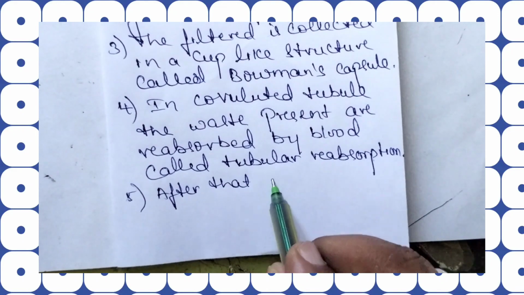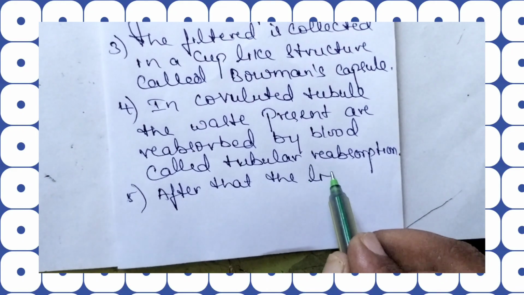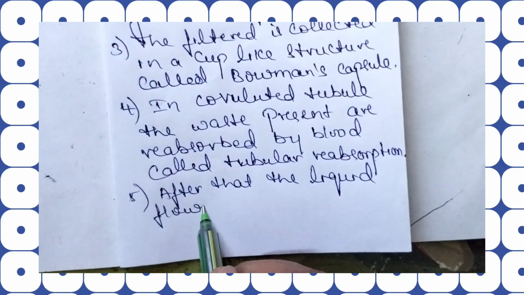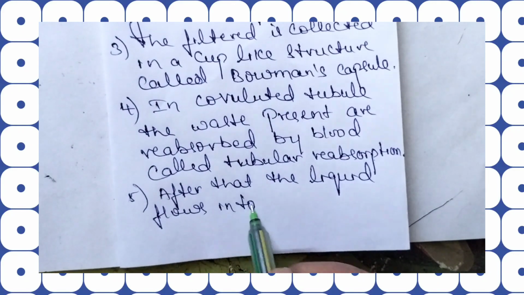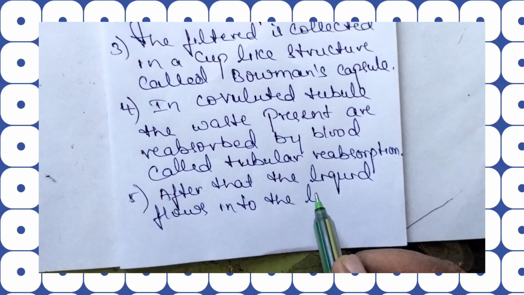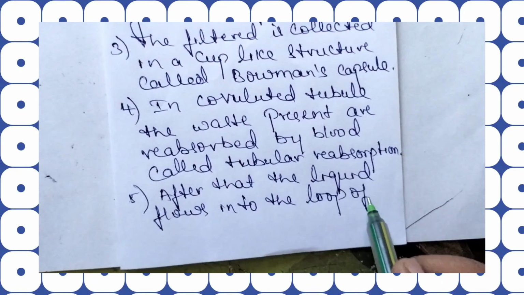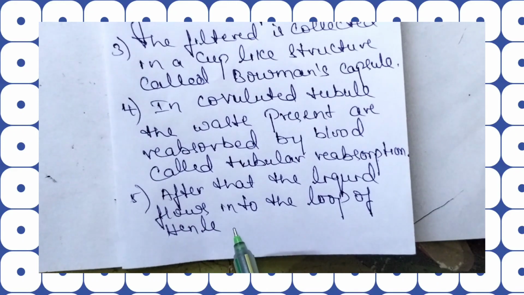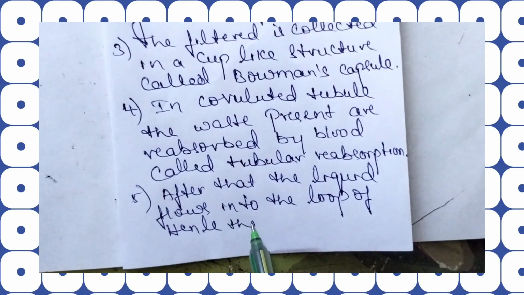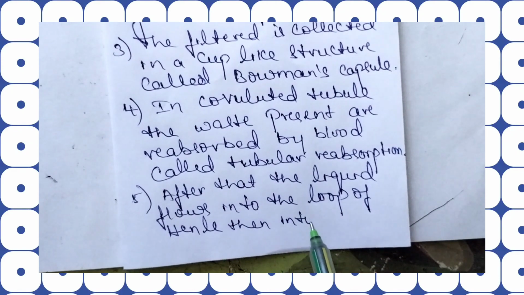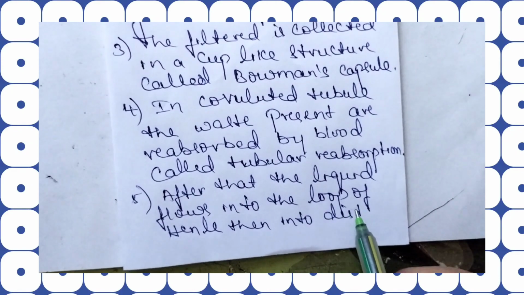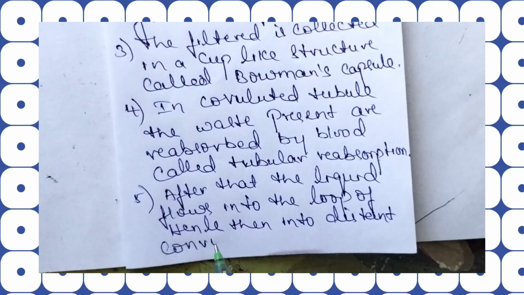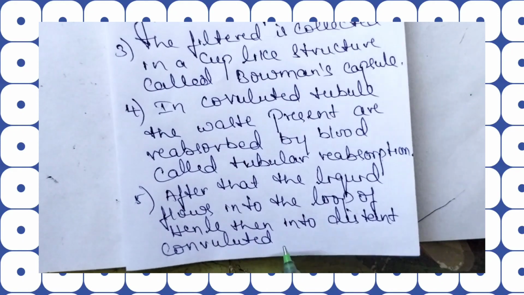After that, the liquid flows into the loop of Henle, then into the distal convoluted tubule.